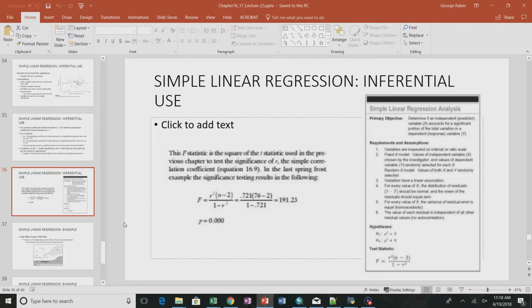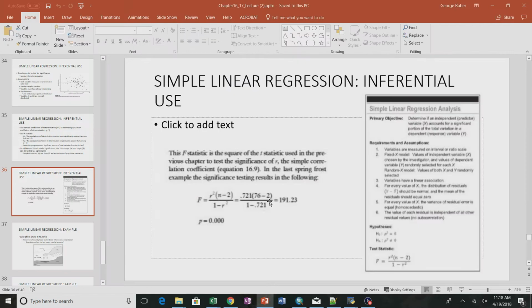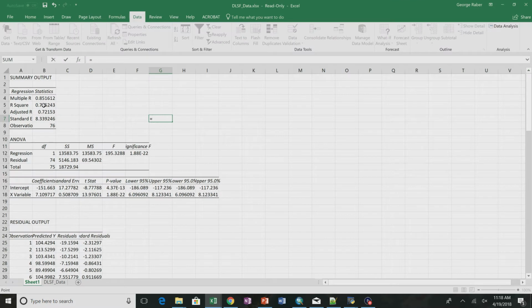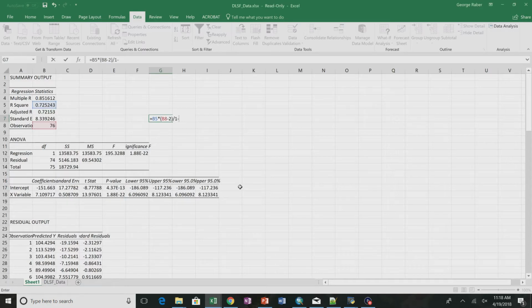The other way to get that value, so this is the F value right here. I mean, I could prove that it's this R squared value times n minus 2, which would be this minus 2, divided by 1 minus this.